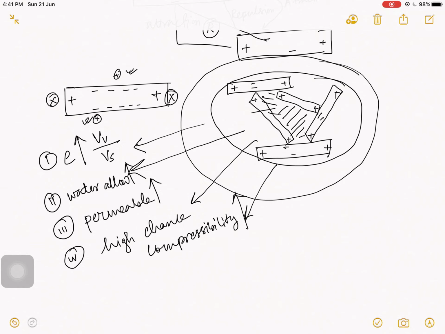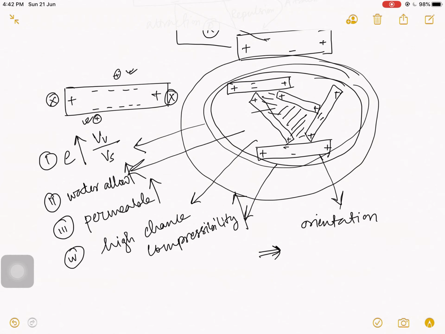So in that scenario I can say the orientation of flocculent structure is either edge to face, and sometimes, with very low probability, edge to edge.